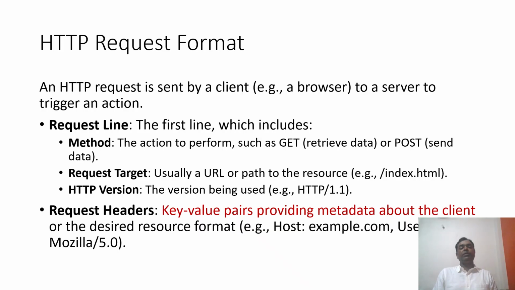After that, there are some request headers. Basically, request headers are key-value pairs providing metadata about the client or the desired resource format. For example, the key is Host and the value is example.com, and User-Agent is the key and the value is Mozilla/5.0.